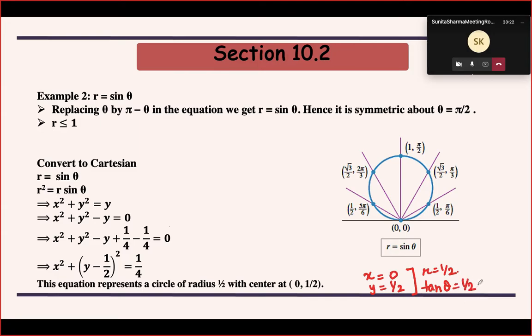So which means what is your theta? Tan inverse 1 by 2. Yes, tan inverse 1 by 2.